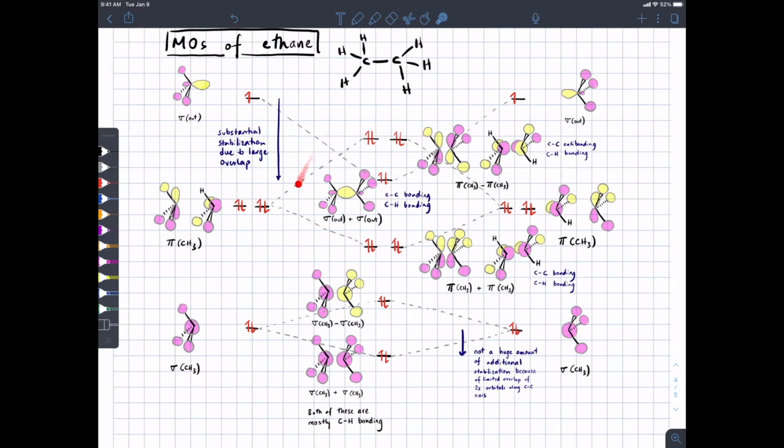Now, in our QMOT picture, we can't necessarily sequester each orbital into being just carbon-hydrogen or just carbon-carbon, though we have 1, 2, 3, 4, 5, 6 orbitals that are mostly carbon-hydrogen. And then we have one, the sigma out plus sigma out, that's mostly carbon-carbon.